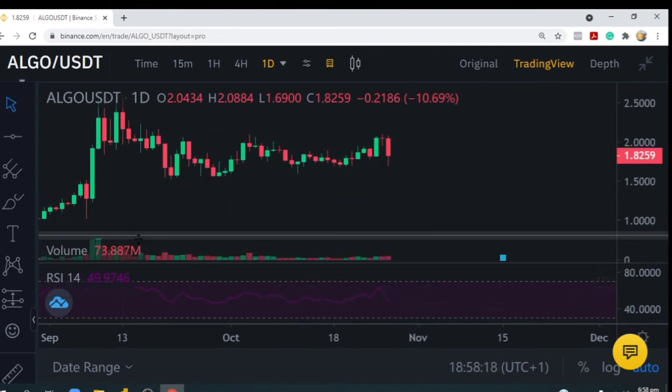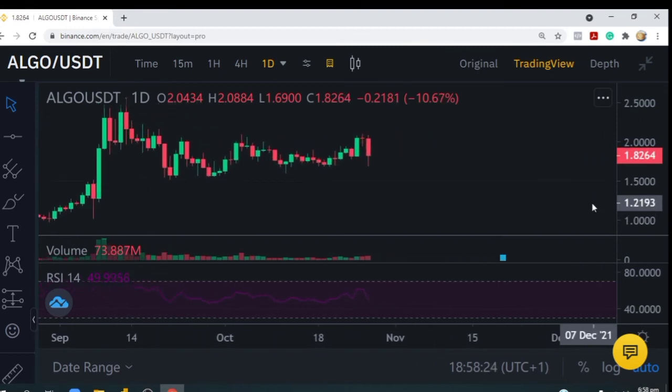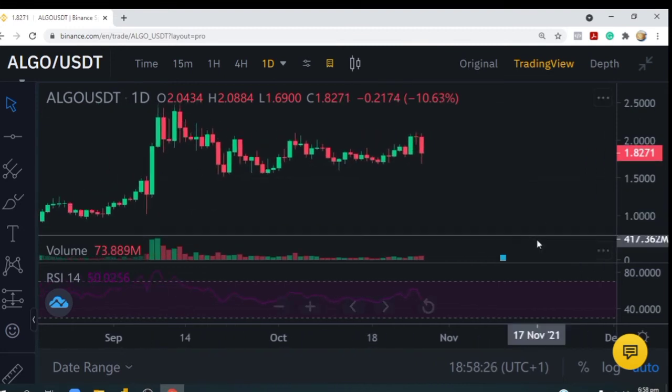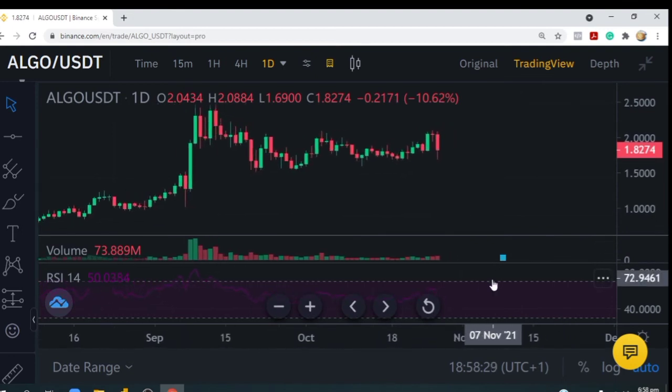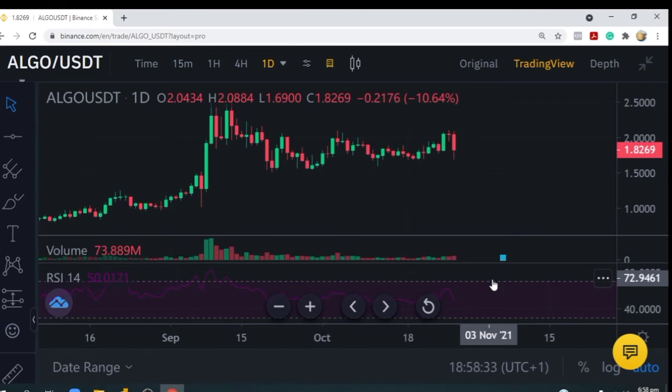Let me take this off first. So the relative strength index will show us whether that asset is overbought or oversold. That is, whether it is overvalued or undervalued.